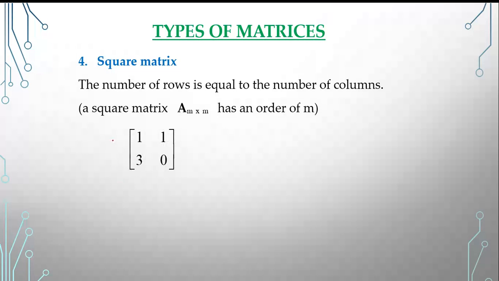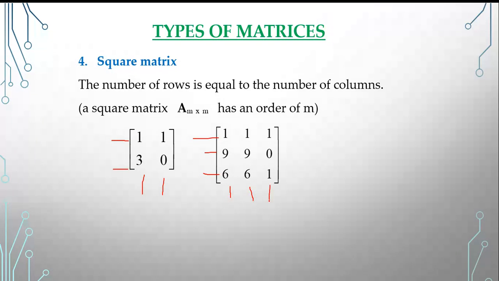Like that, how many rows are here? 1, 2. And how many columns are here? 1, 2. So both rows and columns are equal, same. Number of rows and number of columns are equal. So that is the square matrix. Like that, how many rows are here? 1, 2, 3. And how many columns? 1, 2, 3.